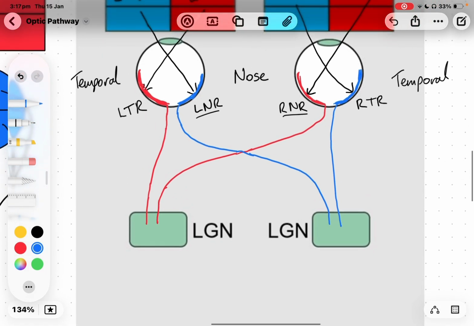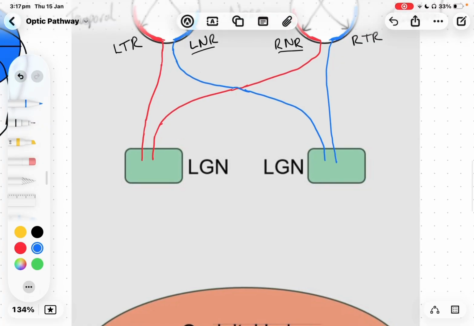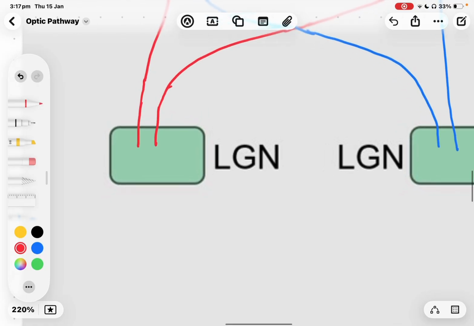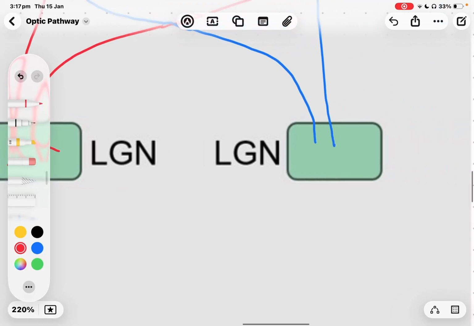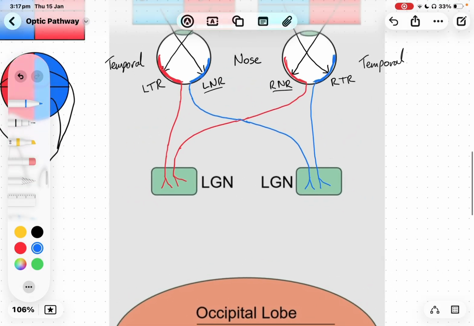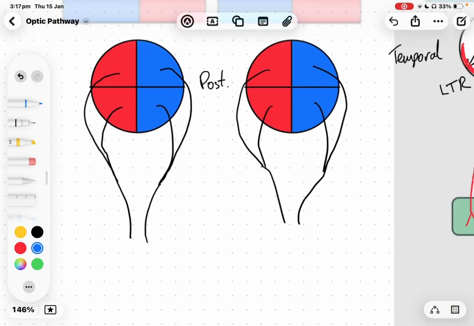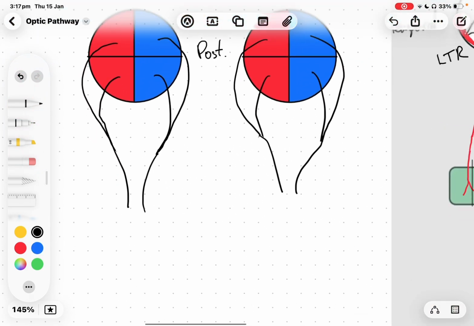And so now what happens is the superior and the inferior fibers from the retina split off. Here I'm going to draw them bifurcating like that, and on this side I'm going to draw them bifurcating as well. If I take you back to this picture on the left, essentially what I've just shown is that information goes off somewhere else.